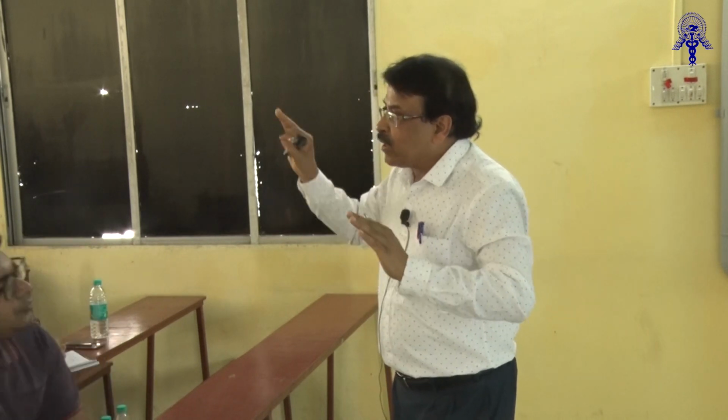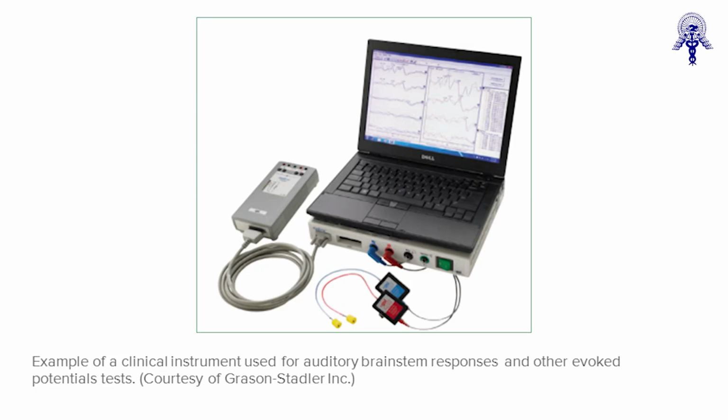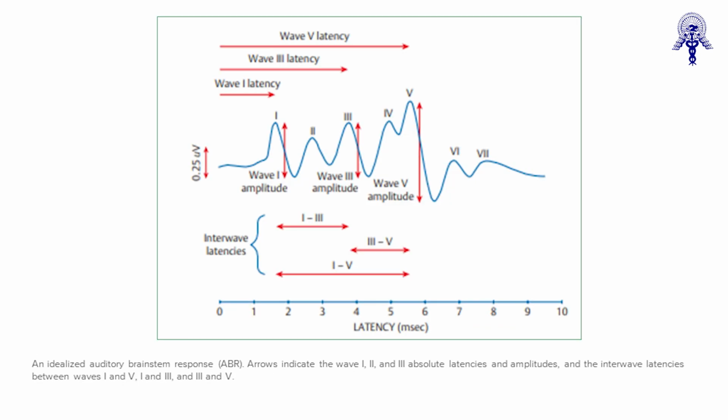So, from the charts we discussed so far, only pure tone audiometry is the subjective test. All others are objective. Here is the diagram which shows wave 1 latency from the start of the click sound till the appearance of the peak.